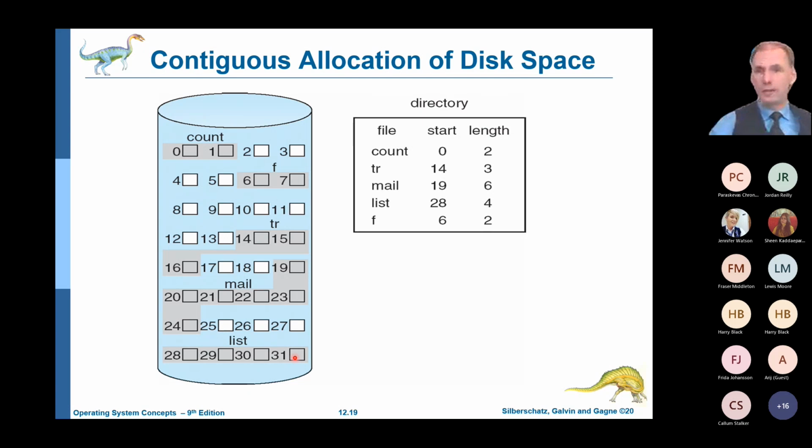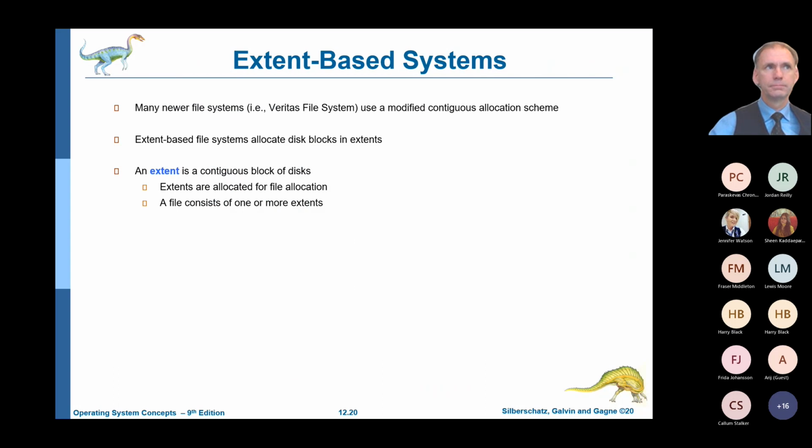So great for unchanging data, less great for files that change. So some systems still use contiguous allocation, but they use something called an extent. They extend the contiguous file.